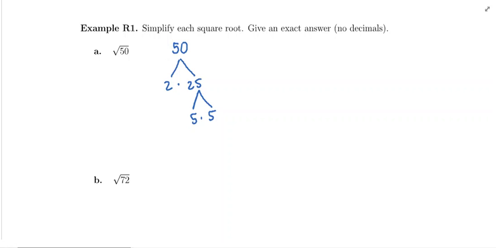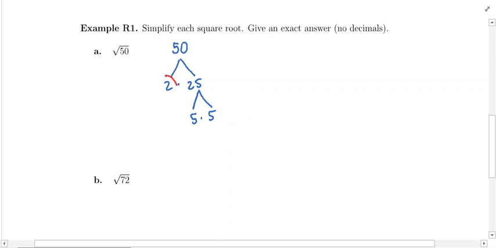Now we circle the numbers at the ends of the branches. If you multiply these circled numbers together, you should get 50. 2 times 5 is 10 times 5 is 50. That means we're ready to start simplifying our square root. I'm trying to simplify the square root of 50, so I bring the square root back.